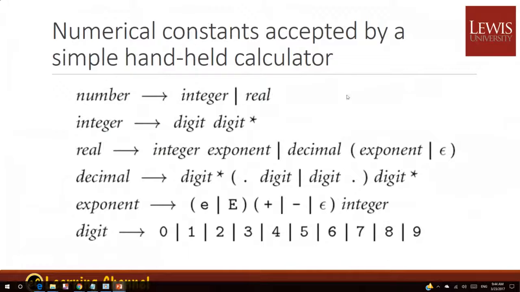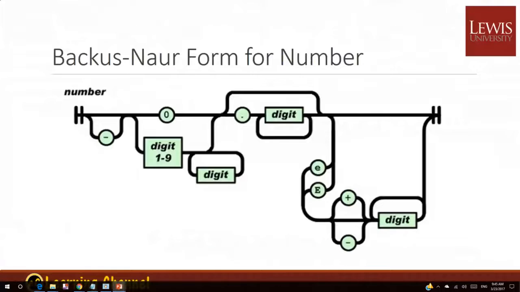And for that chart, you can actually use this grammar to represent it. A number can be an integer or real. And integer or real actually is this whole number or integer part. Bypass will be an integer. No bypass, it will be a real number.